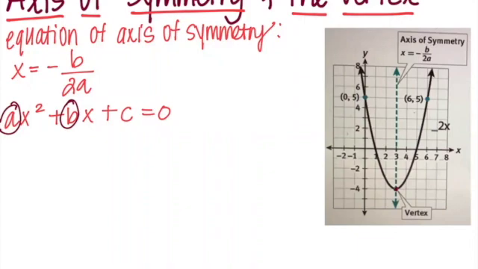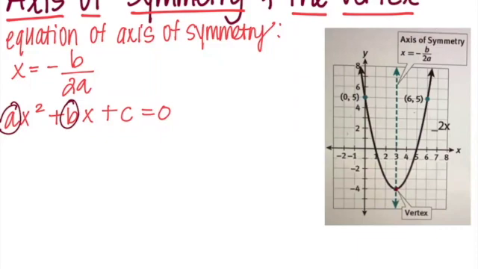If you had a regular piece of notebook paper and you fold it down the middle and it's equal on both sides, then that middle fold will be the axis of symmetry or the line of symmetry. It's the same thing as far as this graph is concerned with the parabola. If you were to take this parabola and fold it down the middle, that would be the axis of symmetry.